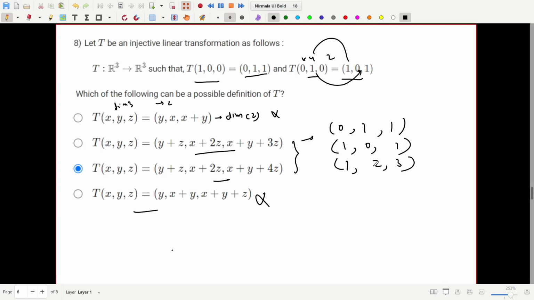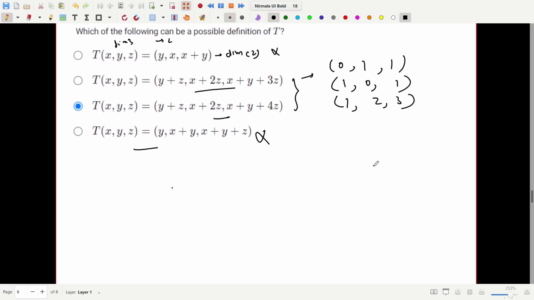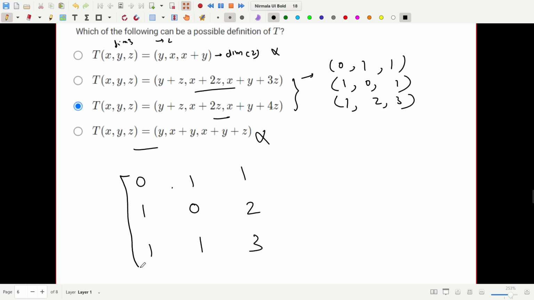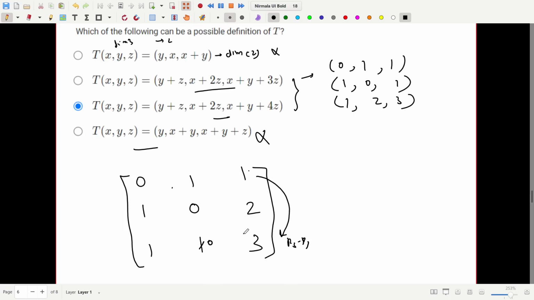So put it in matrix form and apply row reduction. It will be 0 1 1, 1 0 1, 1 2 3. If we subtract R1 from R3, R3 becomes 1 0 2.